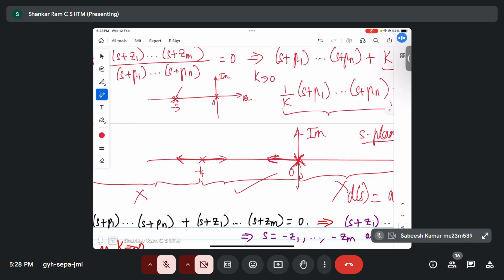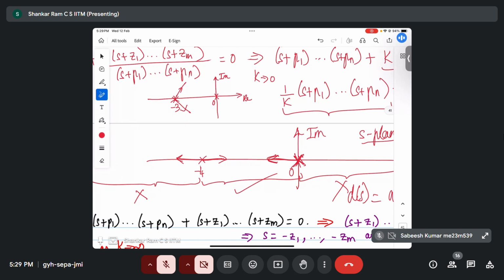Then you can have complex conjugate branches. In the denominator of the open loop transfer function, you will have (s+3)^2, which results in a repeating open loop pole at -3, which in turn leads to a pair of complex conjugate branches.